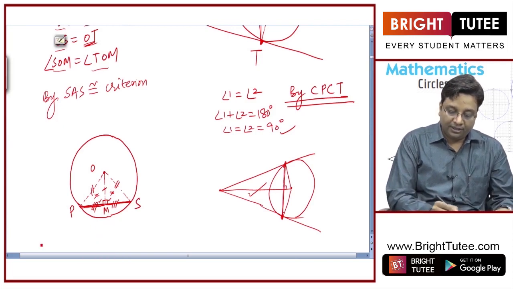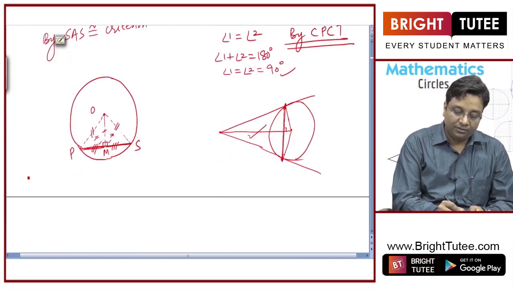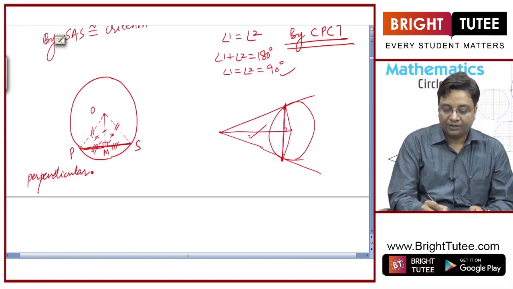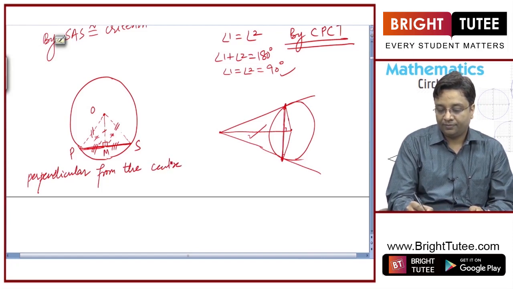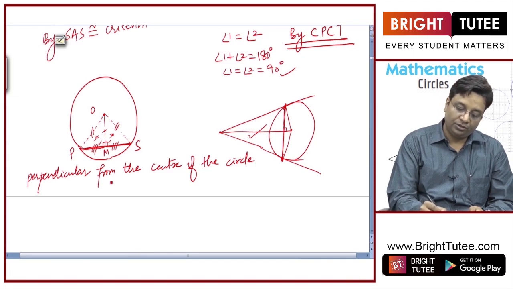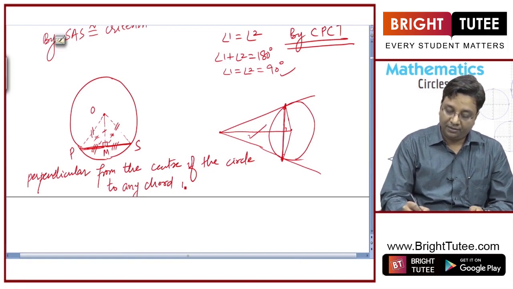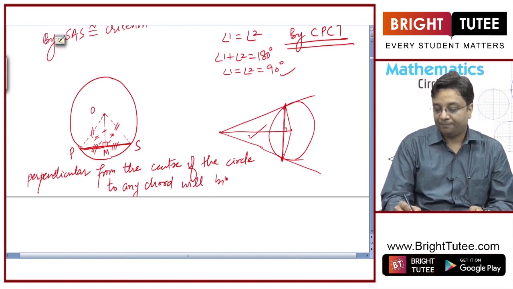So if you draw a perpendicular from the center of the circle to any chord, it will bisect it.